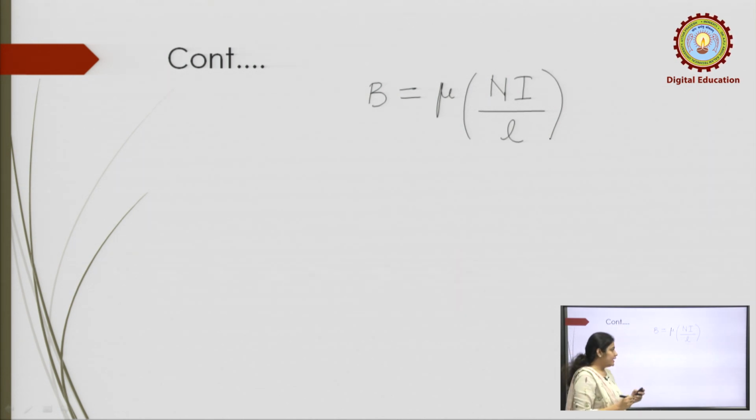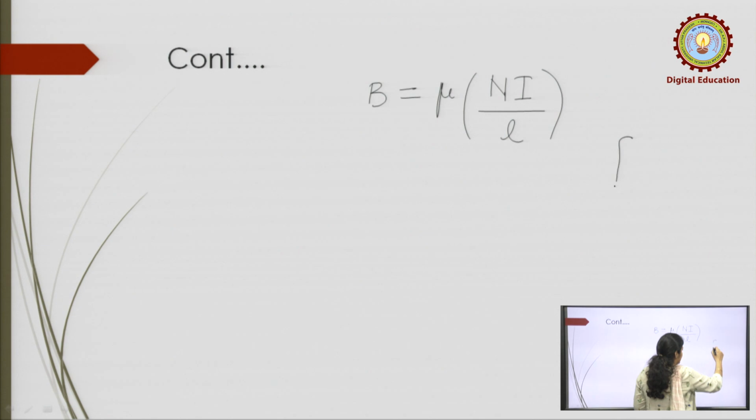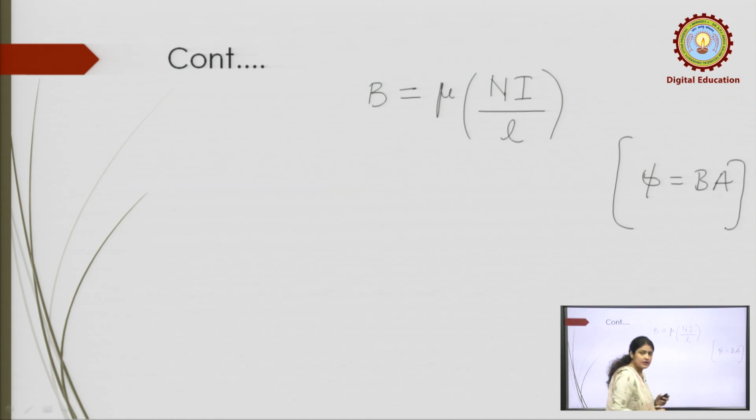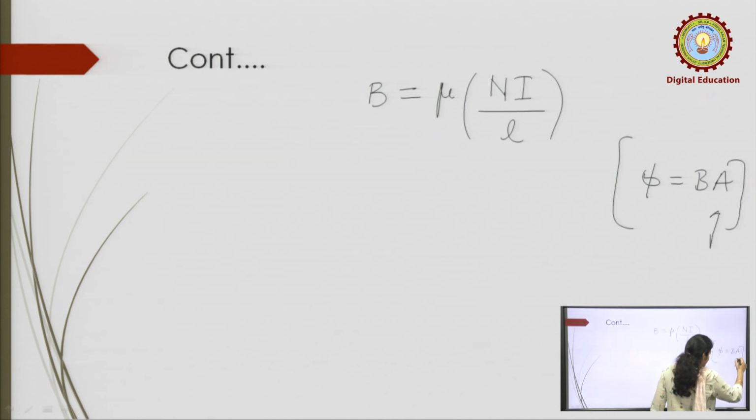And you already know the expression phi is equal to B A, where phi is the flux, B is the magnetic flux density, and A is the cross-section area of the core.